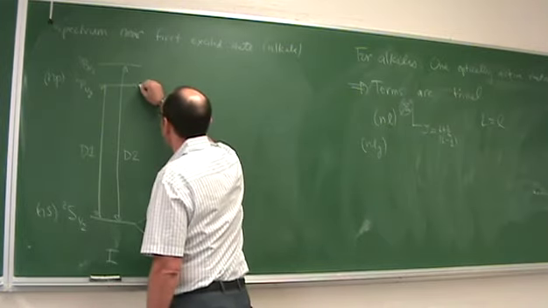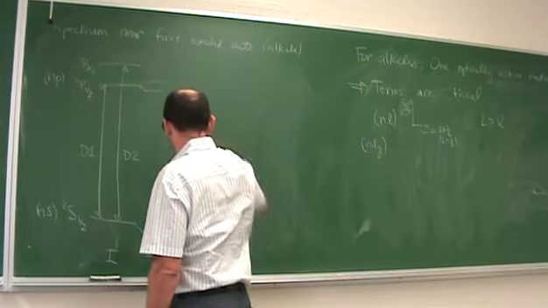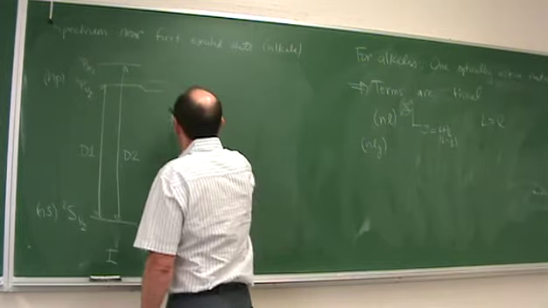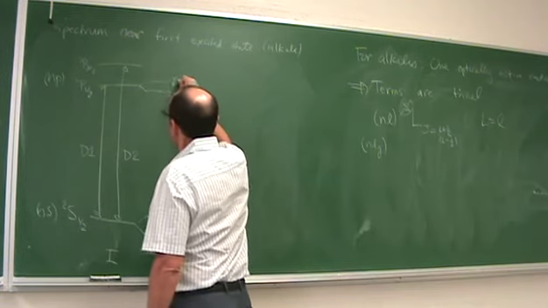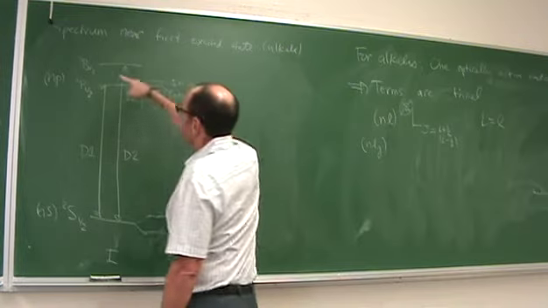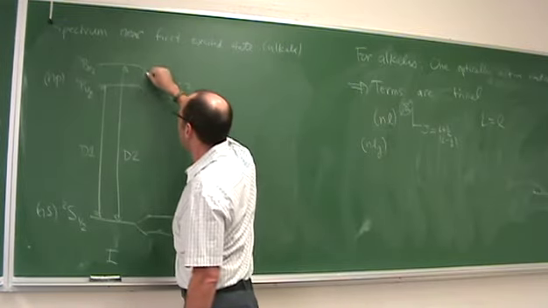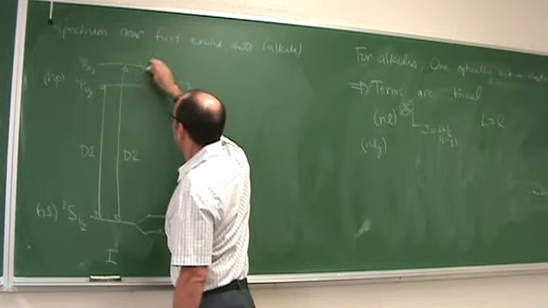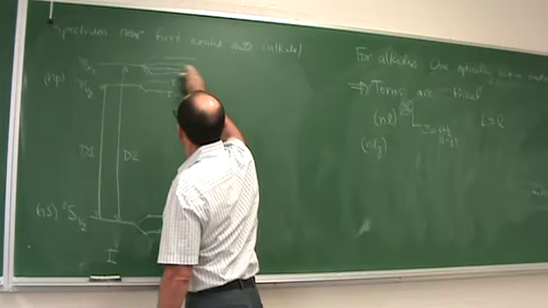Similarly over here, this is my F. And for the P 3/2, I can have 4 F values.